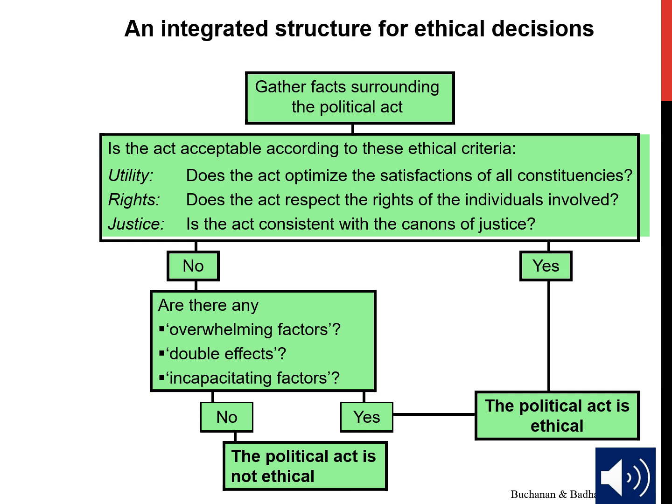But if the answer to any of them is negative, we need to go to another step, and check if in that situation there are overwhelming factors, double effects, or incapacitating factors. Overwhelming factors refers to any aspect of the context of the project that would justify leaving aside one or all three ethical criteria.